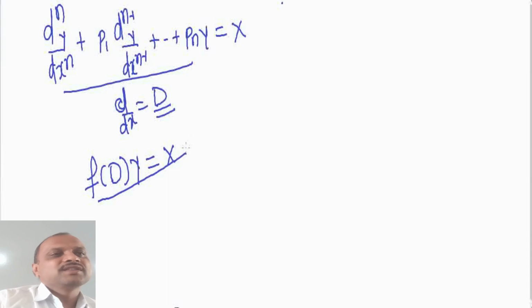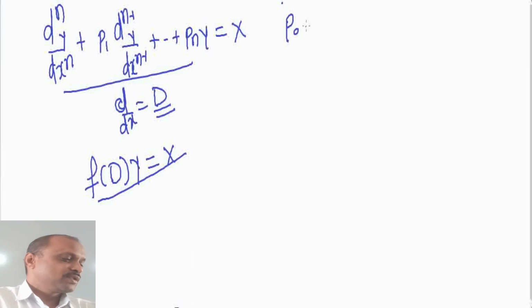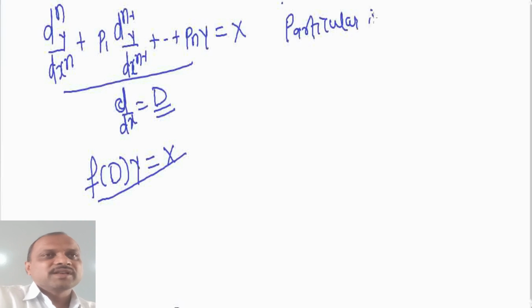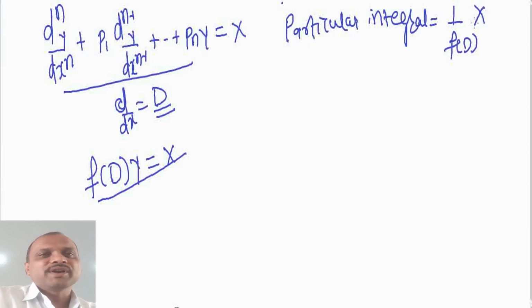So whenever we write this equation in short as a general function of D, f of D operating on y equal to x, then the particular integral equals 1 divided by f of D operating on x. This is my particular integral.